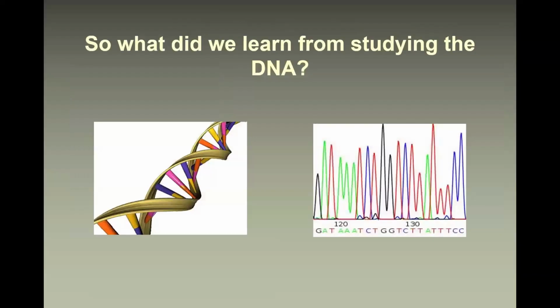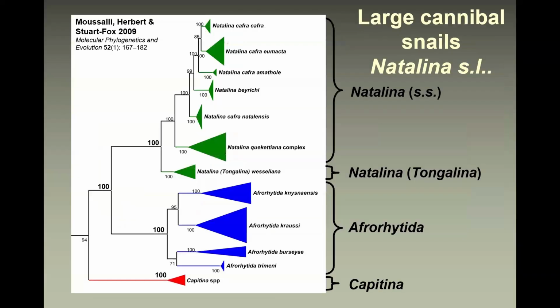So what did we learn from studying the DNA? Obviously, we all know that there's a lot to learn from the DNA. And so we started by looking at the larger cannibal snails, and we found that we had our groups of what were previously recognized as subgenera, all coming out very nicely as separate monophyletic clades, all with high levels of support, 100% bootstrap support for those.